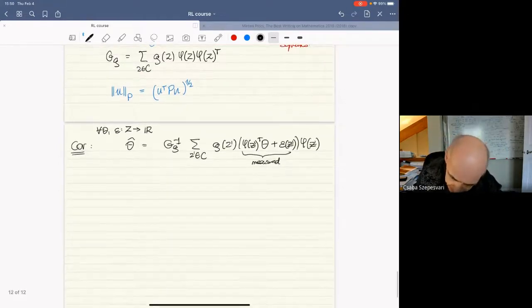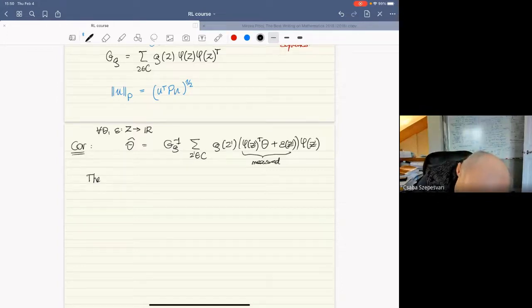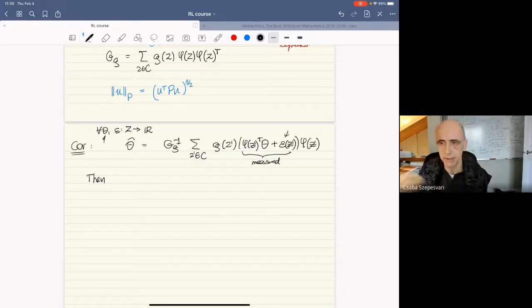And you run your least squares. Then you want to know how well least squares is going to predict the measured values, where we're going to choose the theta in such a way that these epsilons are the smallest possible in our applications.